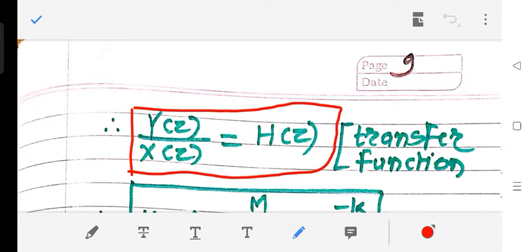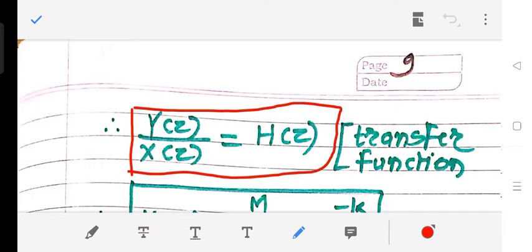Non-LTI we cannot discuss, because we are assuming the filter is linear time invariant. So why go for LTI? Because let us say the filter is non-LTI. What will happen? As it is non-LTI, first of all, it will make abrupt changes at the output side, because it is a non-linear system.